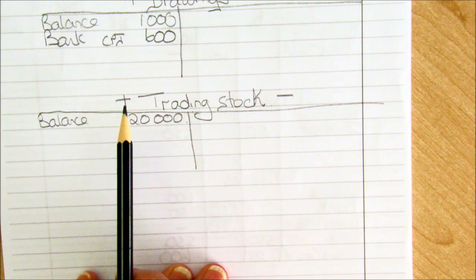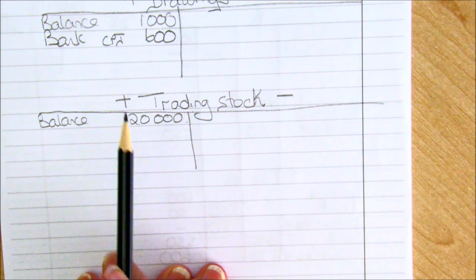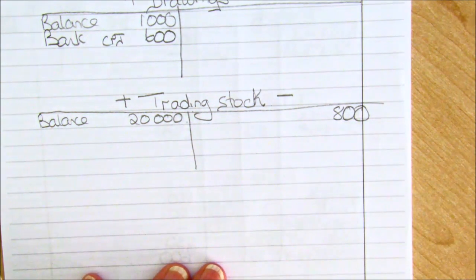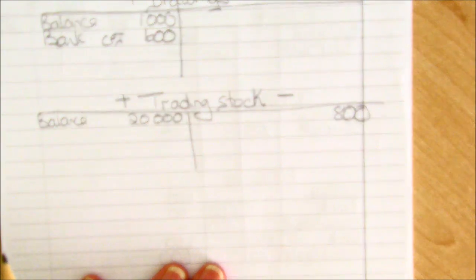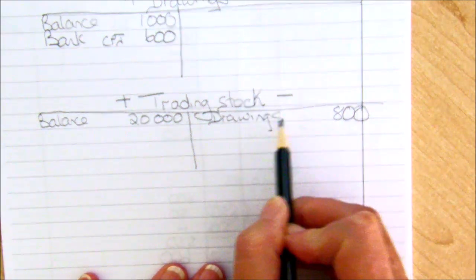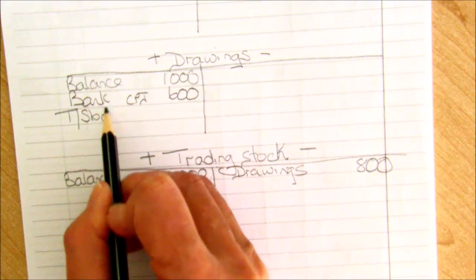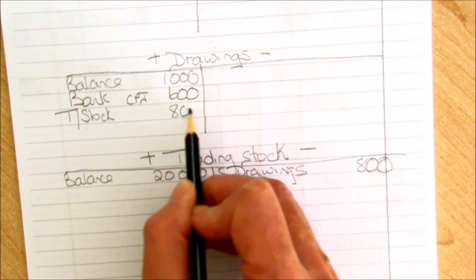Your trading stock is going down, so you don't have that trading stock any longer. So you're going to have to minus it out of the trading stock account. And if the owner is taking it, anything the owner takes for his own use has got to go to drawings. So we would have into his account trading stock 800 Rand.